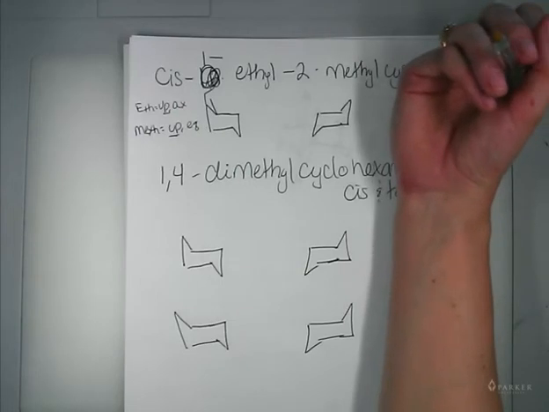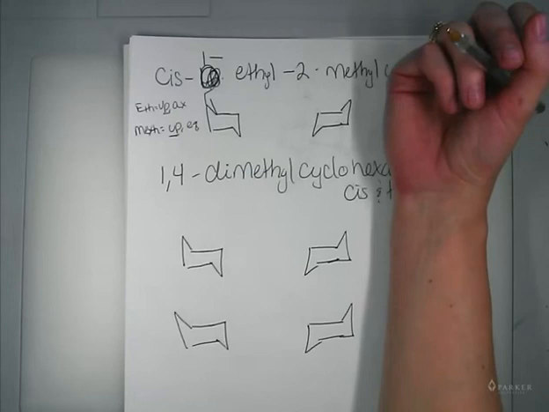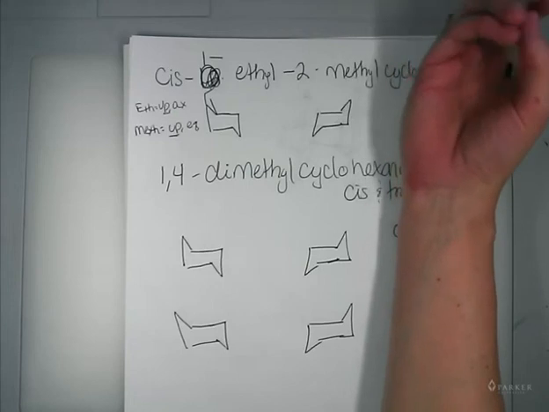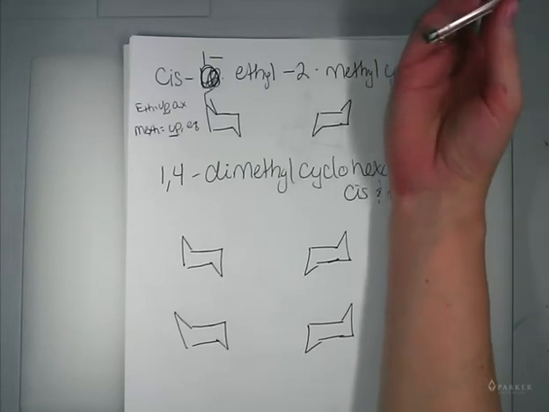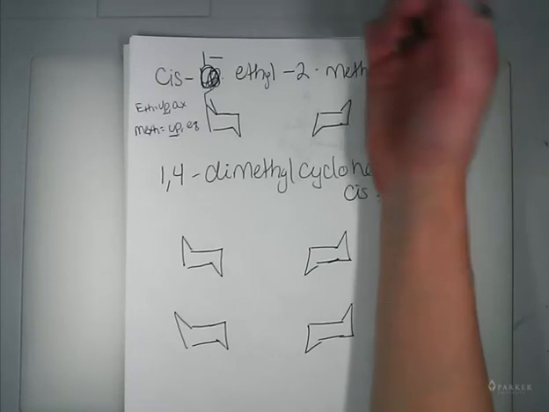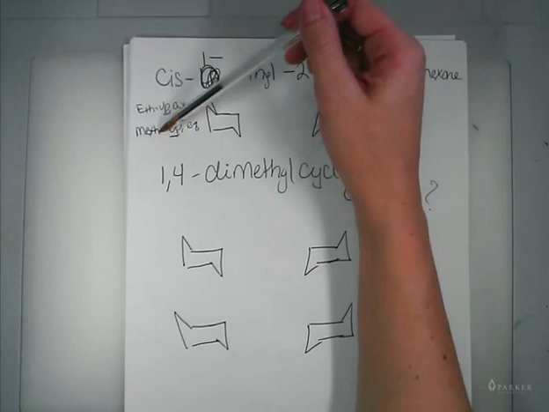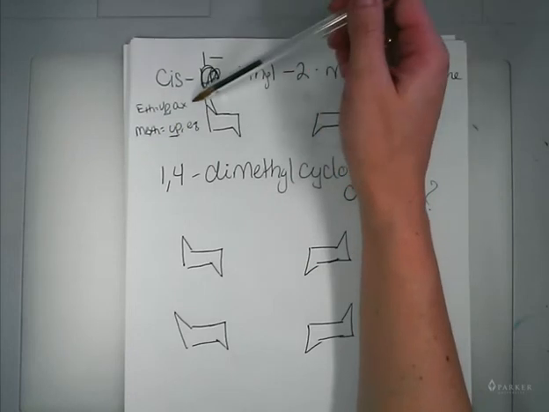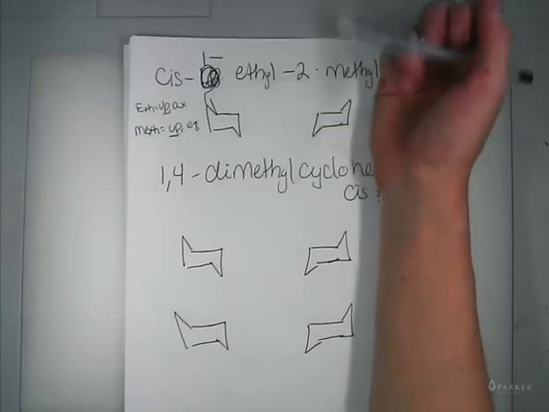Now I'm going to ring flip it. Now I can probably just tell from right here which ring flip is going to be more stable before I even draw it. The other one. Why? Yeah, the ethyl is larger between the two, and so it will prefer to be equatorial.